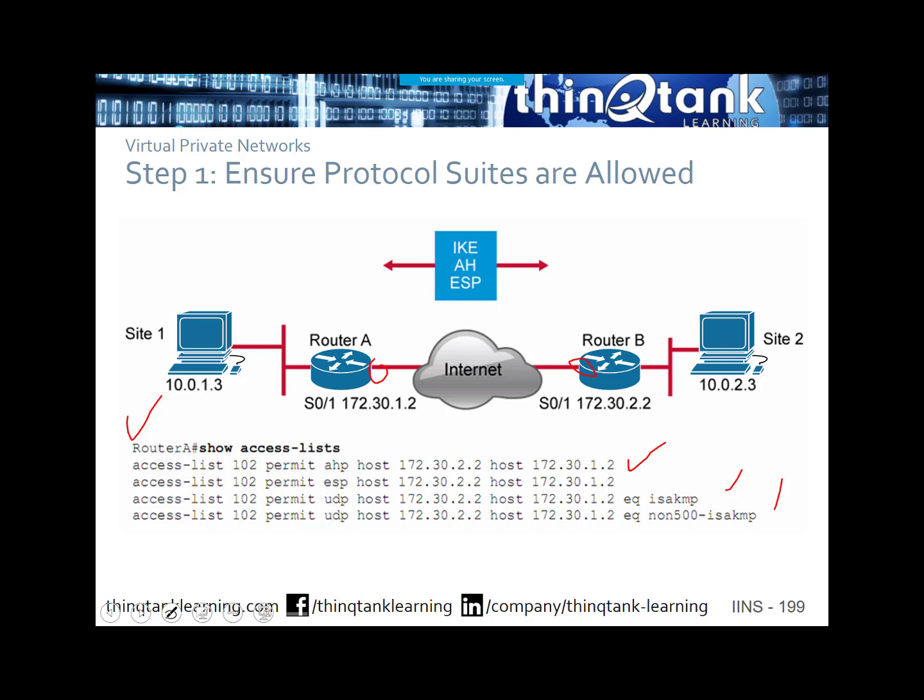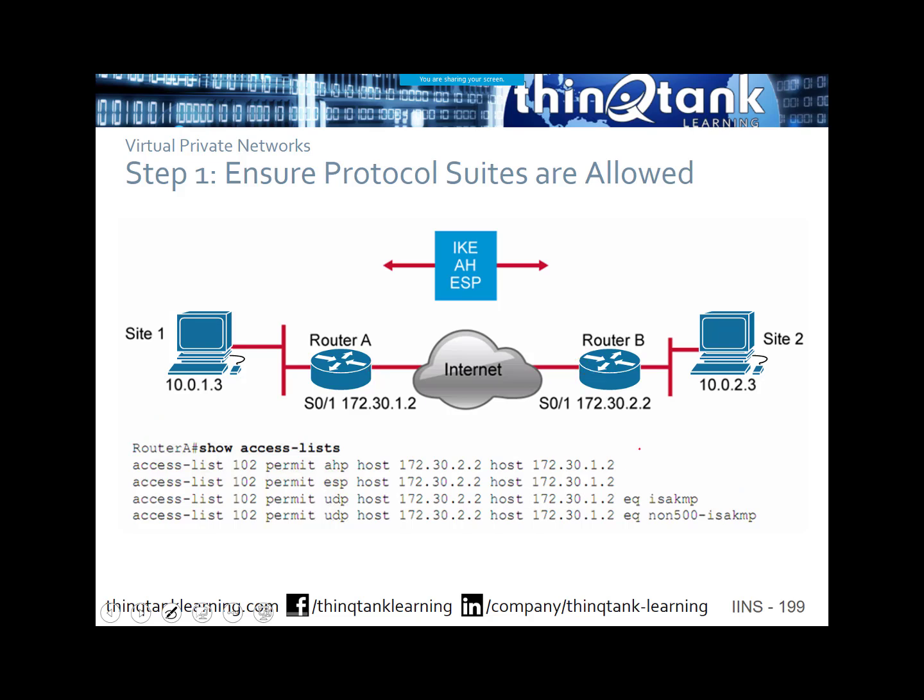So we're essentially saying, okay, let's go ahead and allow those protocols between the two peers. And you would mirror this configuration on the other side if necessary. And then we're going to allow UDP for ISAKMP, and then our non-500 ISAKMP, which is just a different port number that we use for ISAKMP for things like NAT traversal and so on.